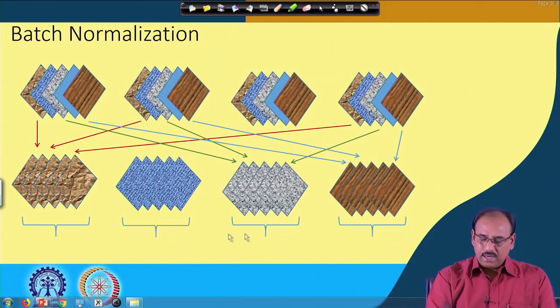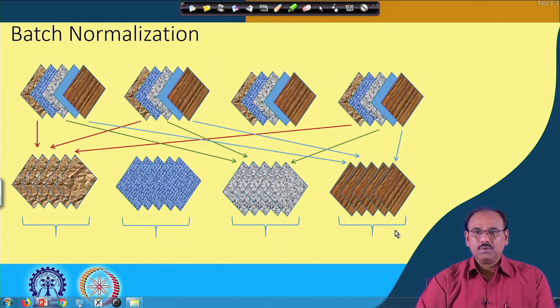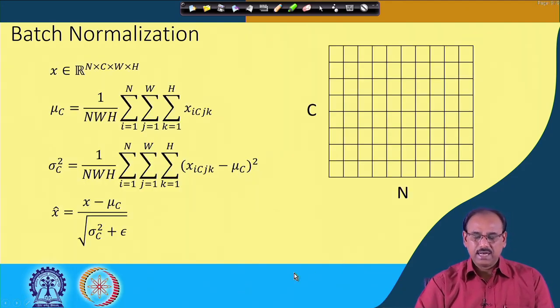So here, as we have shown, for each group of channels I have a mean and standard deviation, and using this mean and standard deviation you normalize the outputs of the channels, and this is what you get.